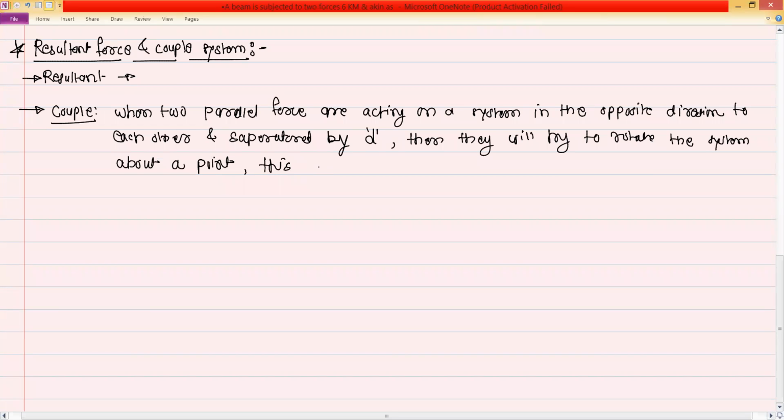So this system or effect is called a couple.